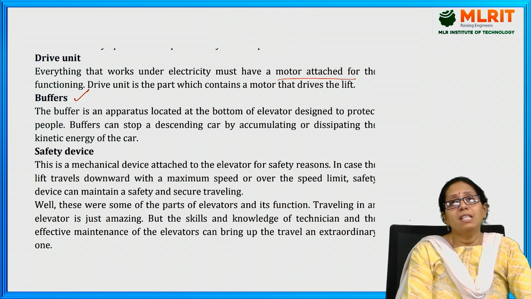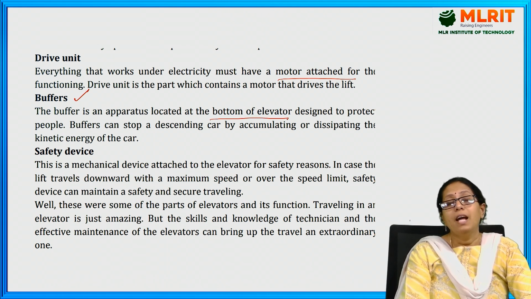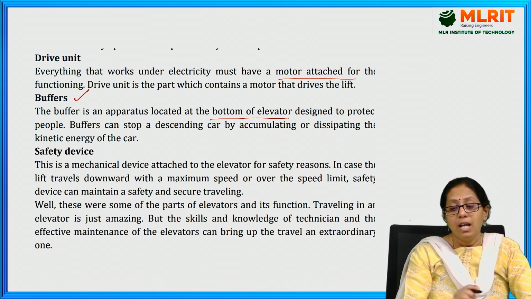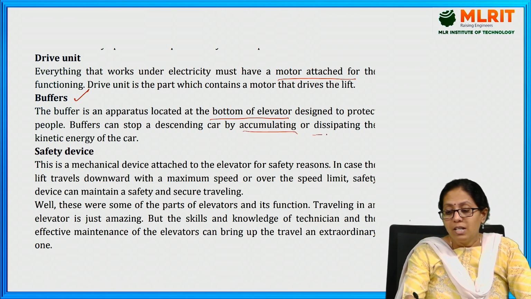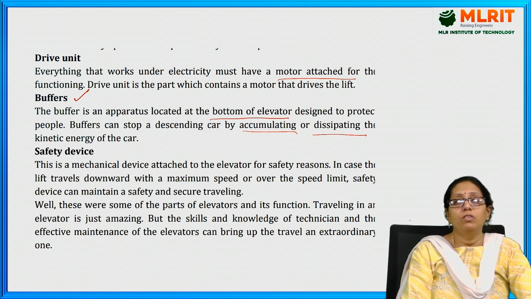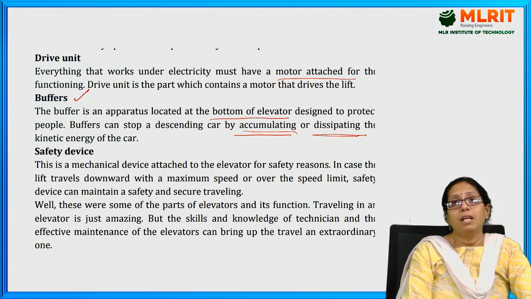The buffer is an apparatus located at the bottom of the elevator, designed to protect the people. Buffers can stop a descending car by accumulating or dissipating the kinetic energy of the car. So based on the kinetic energy of the car, they can accumulate as well as dissipate the energy.